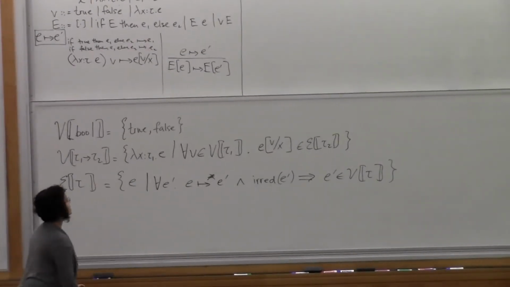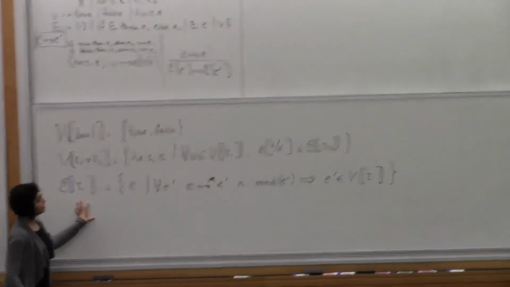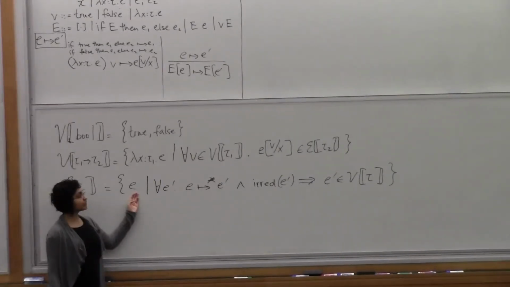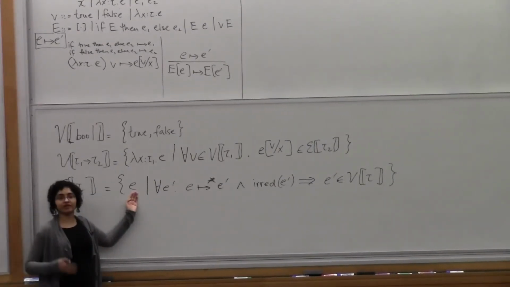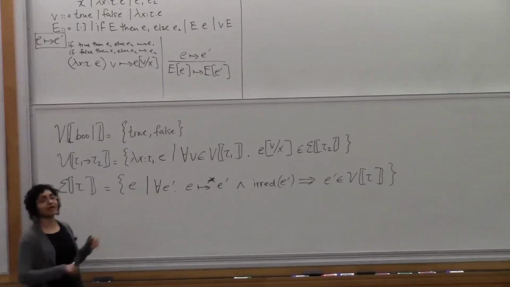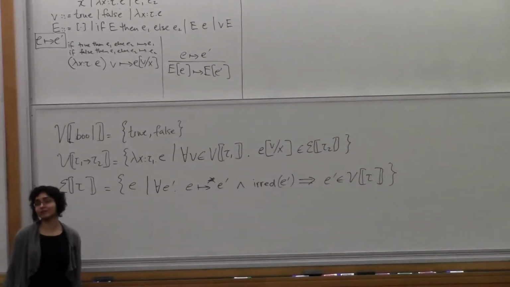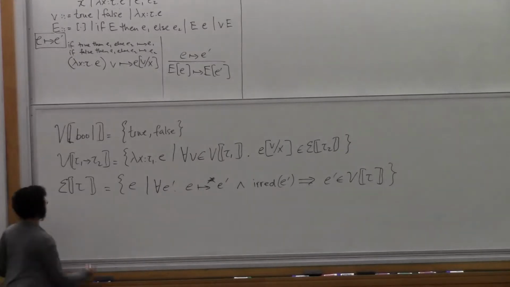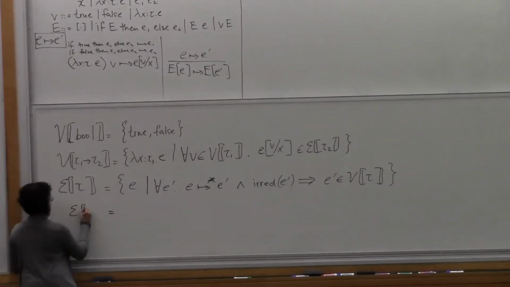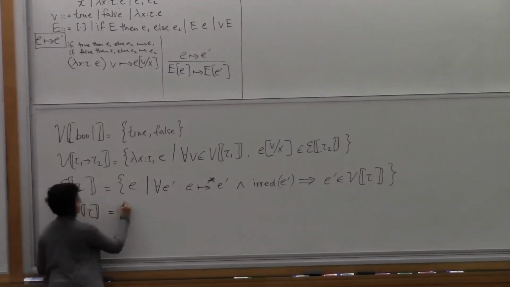Basically, we don't know that this expression is going to reduce to a value. Well, it's a simply typed lambda calculus, so you could say that it will reduce to a value. Let's try an alternative definition. We could have defined E tau like this.